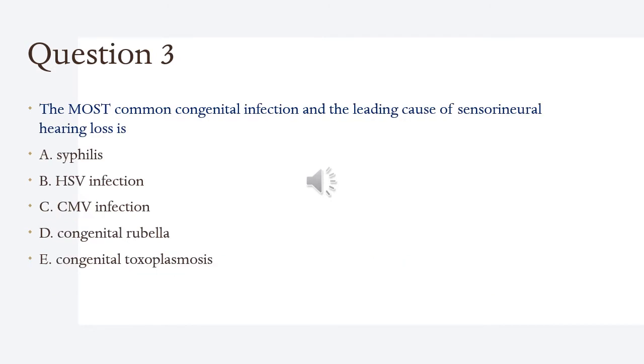Question number 3. The most common congenital infection and a leading cause of sensorineural hearing loss. Is it syphilis, HSV, CMV, congenital rubella, or congenital toxoplasmosis?